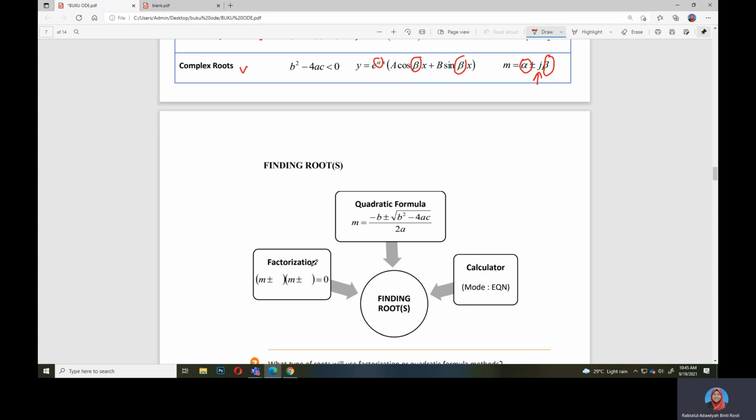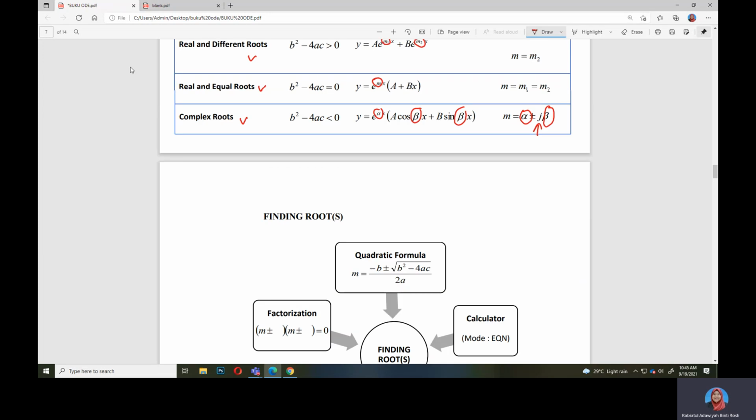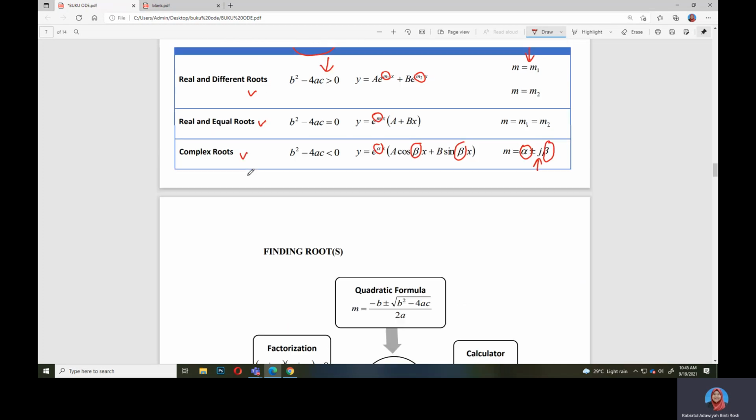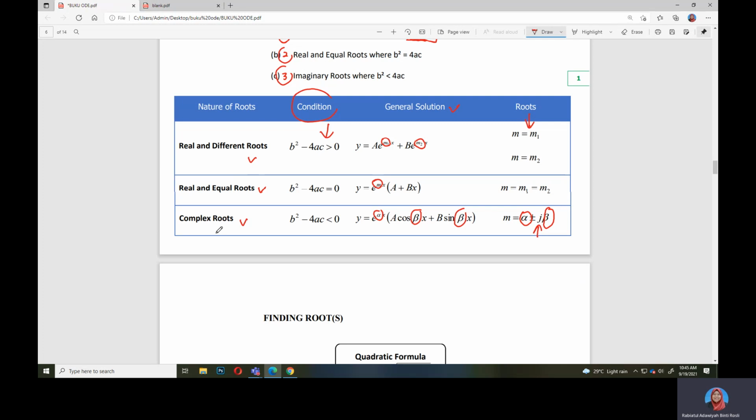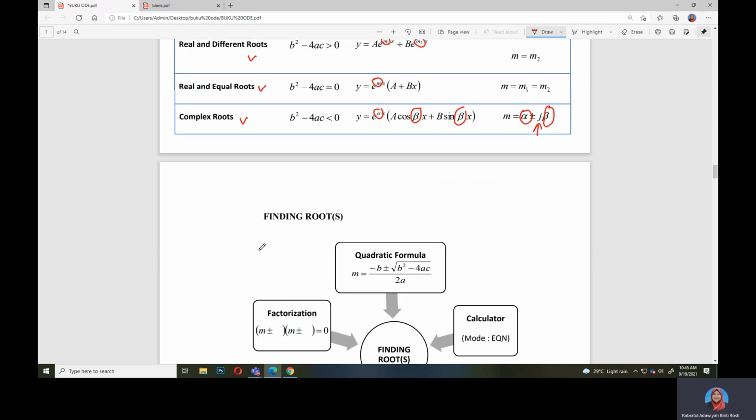For this, I show you three methods to find a root. The first one is by using factorization, the second one by using the quadratic formula, the third one by using a calculator. For the calculator, you can find all the roots. For factorization, you can find roots for real and different roots and real and equal roots only. How to find a root for complex root? When you check this is a complex root, please do not use factorization.